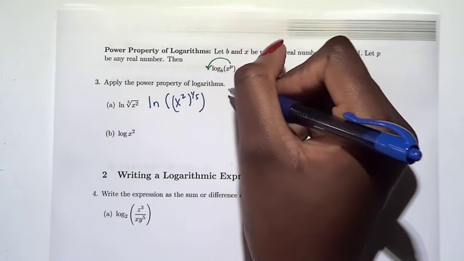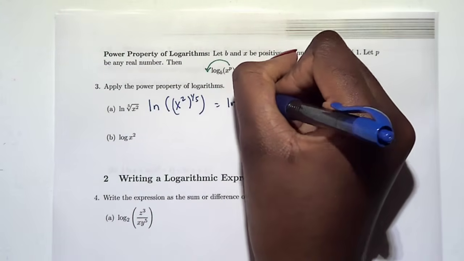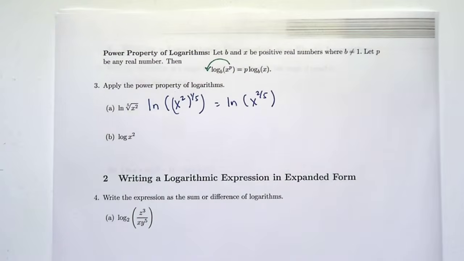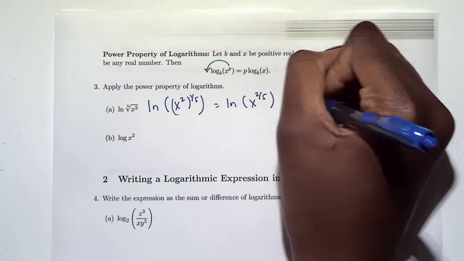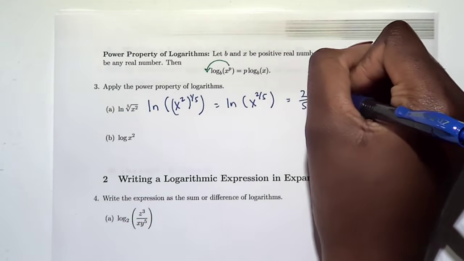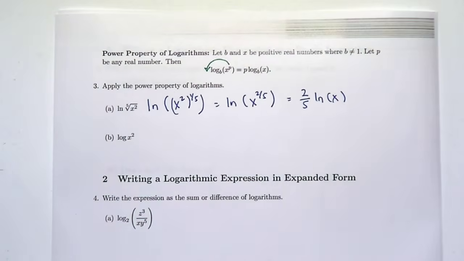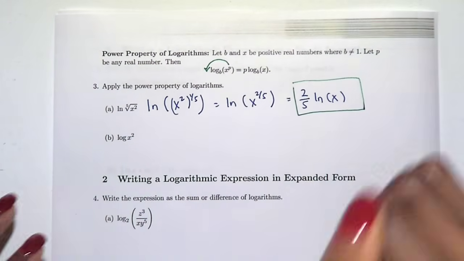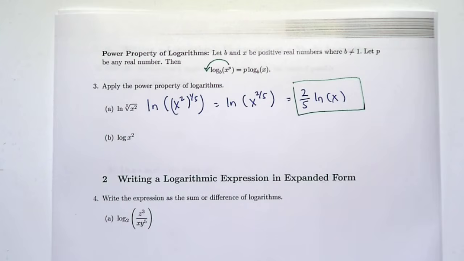All right, so this is the same as the natural log of x to the 2/5. Right, so we have something that has an exponent inside of our log. Our power property says that we can bring that exponent to the front. All right, so we have 2/5 times the natural log of x.